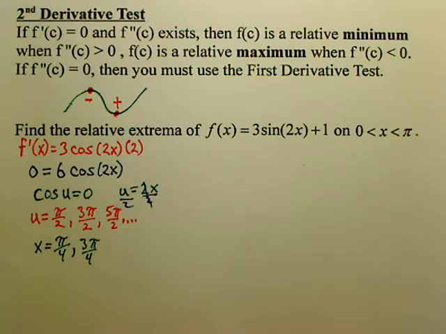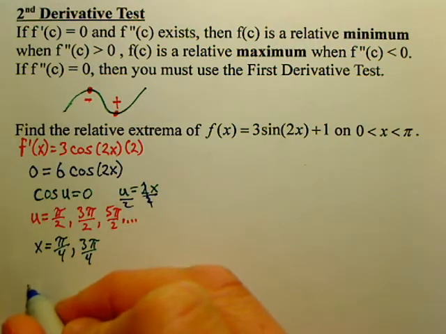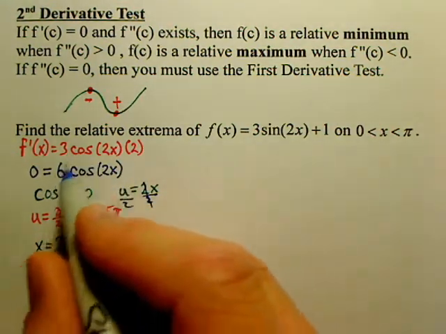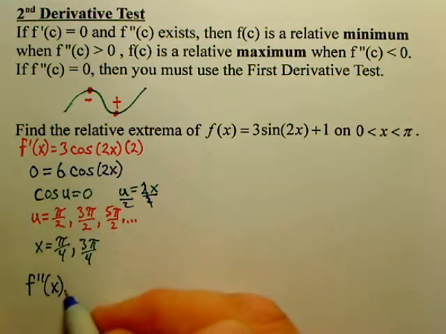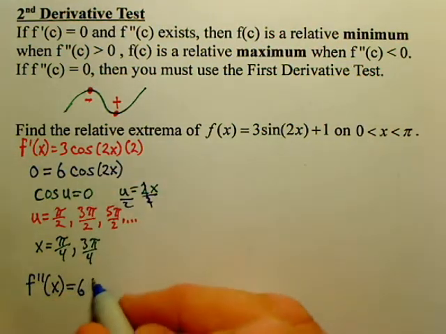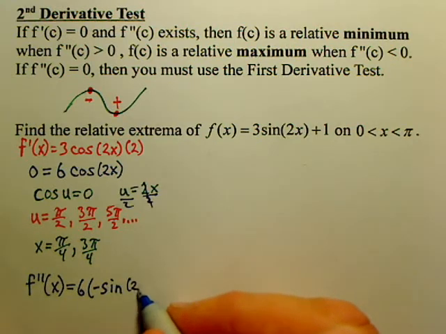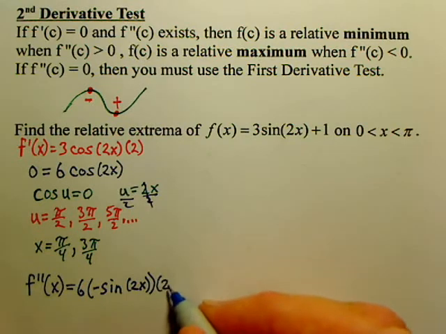All right, so we got that. Now what we're going to do is we are going to take the second derivative finally. So let's take the second derivative of this function. Okay, I simplified it, so I'm going to use this function to take the second derivative. So I have 6 out front, and the derivative of cosine is negative sine, leave the 2x, and then derivative of 2x is 2.